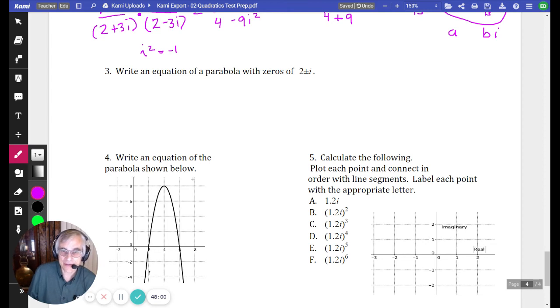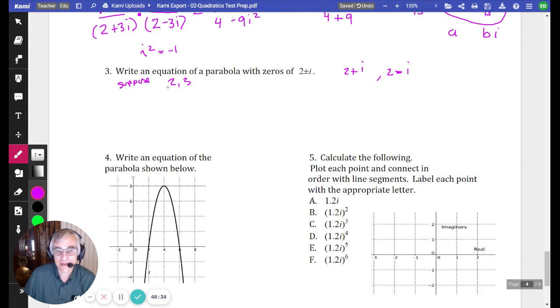Getting more interesting. Write an equation of a parabola with zeros of 2 plus or minus i. So the zeros we're imagining are 2 plus i and 2 minus i. And if, for example, you think about a situation where you had real zeros, suppose the zeros were 2 and 3.